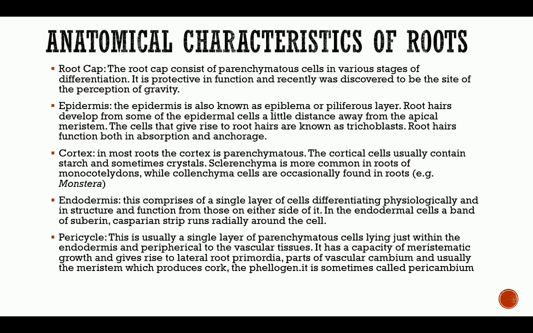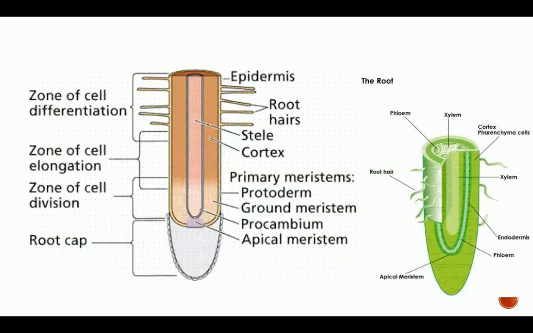From the pericycle, they emanate to form those lateral roots you see outside of the roots. Parts of the vascular cambium and the meristem which produces cork all emanate from the pericycle. It is sometimes called pericambium.